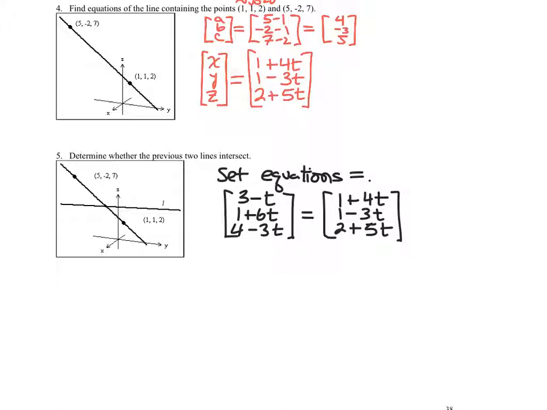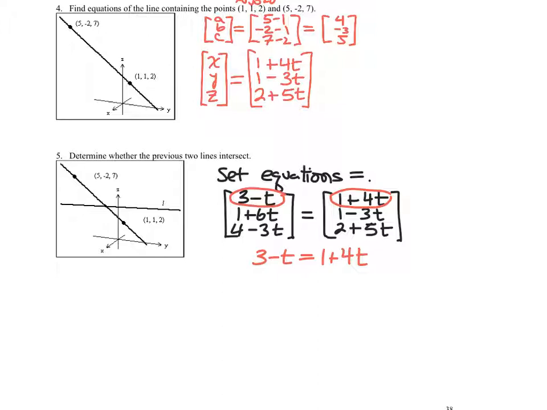All right, so if I'm going to tackle it this way, I would set some corresponding parts equal to one another. So I would say 3 minus t is equal to 1 plus 4t, and then solve from there.